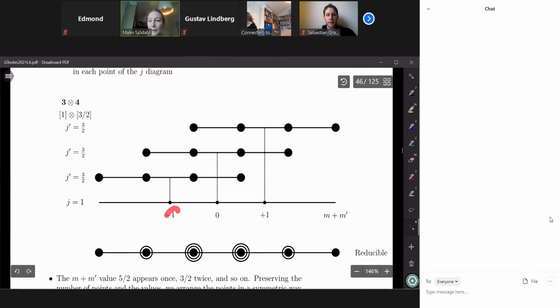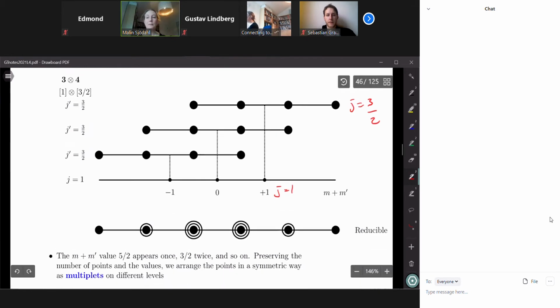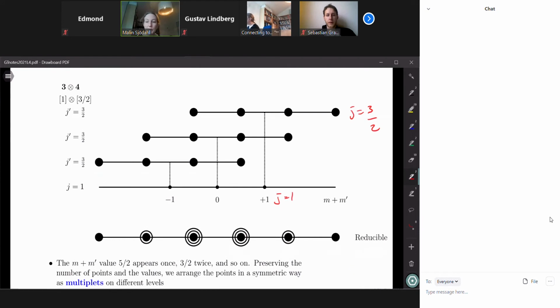So this goes from the J equals 1 representation. Then centered at each of these dots, we draw copies of the other representation. So all these representations up here are J equals 3/2. And since the spin Z eigenvalue is additive, we can get all the possible representations and all the possible Z values in this way.